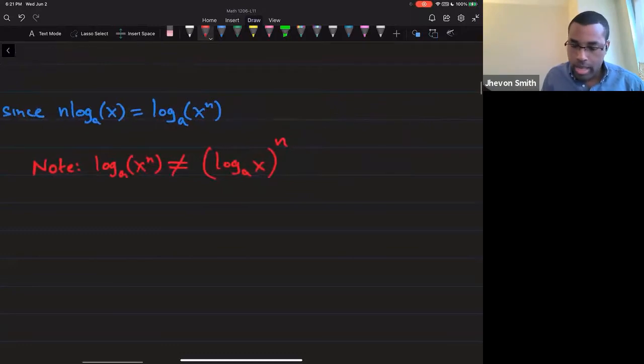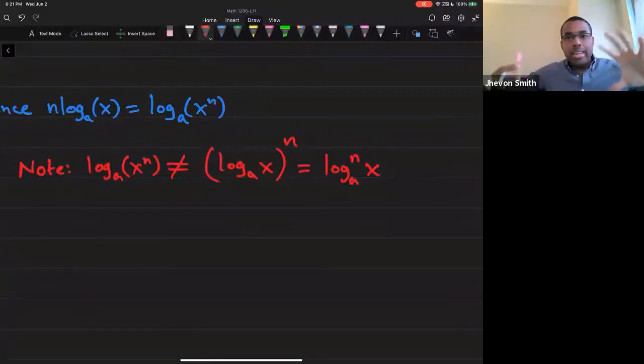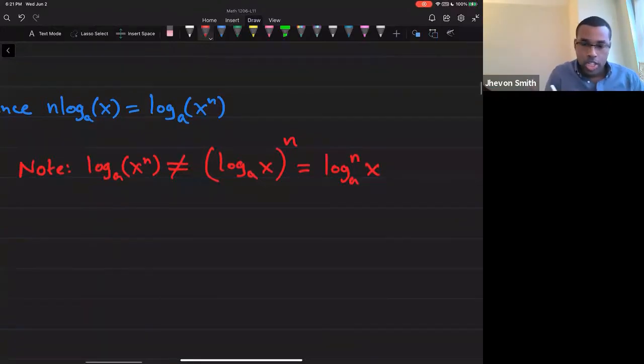Which another way to write that is to put the n on the log instead of the x. Okay, so the notation is actually important here. There's a difference between raising an entire log to a power and raising the thing inside of the logarithm to a power. A logarithm is kind of like a function, f of x.